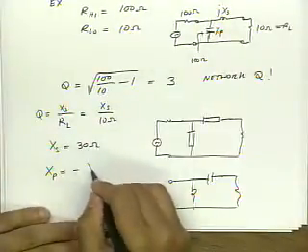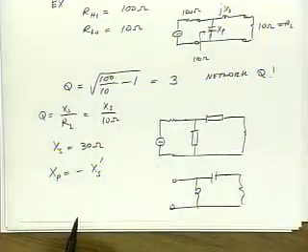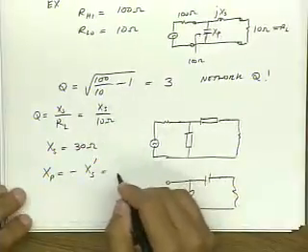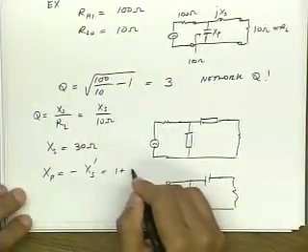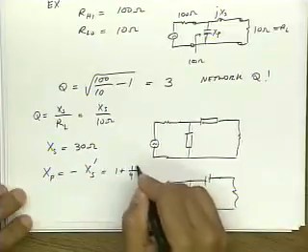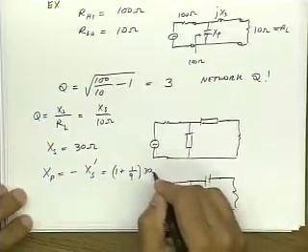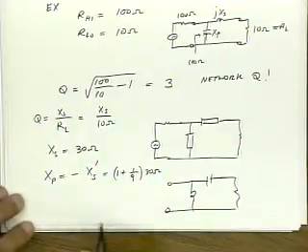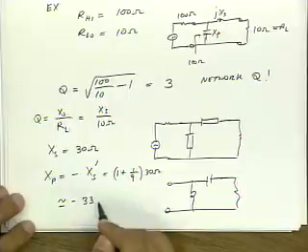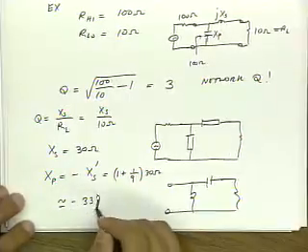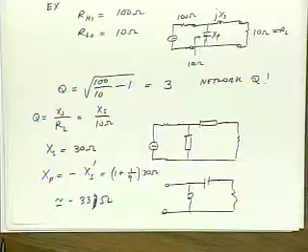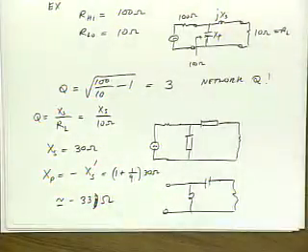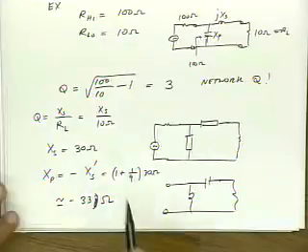XP should equal minus XS prime, where XS prime is 1 plus 1/9 times 30 ohms. So it's about 10% larger, about 32, 33 ohms. So if this is a capacitor, this is an inductor. If this is an inductor, this is a capacitor. All right? Is that pretty clear?